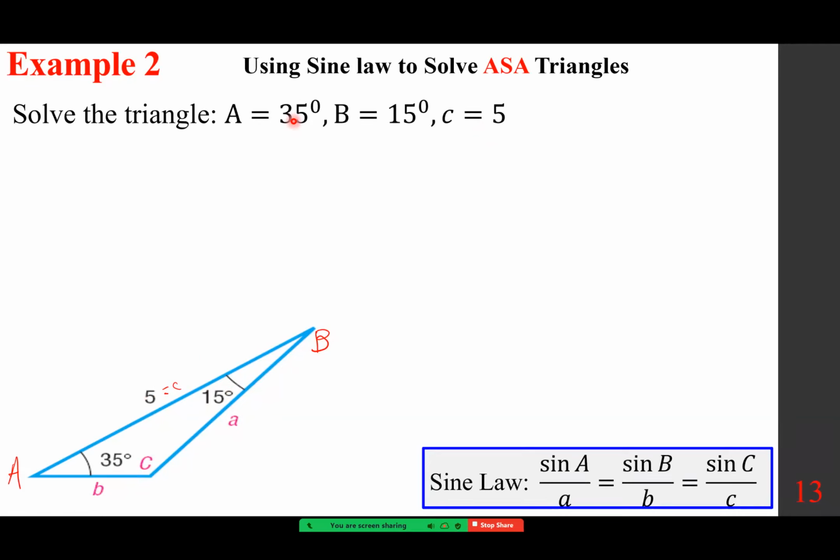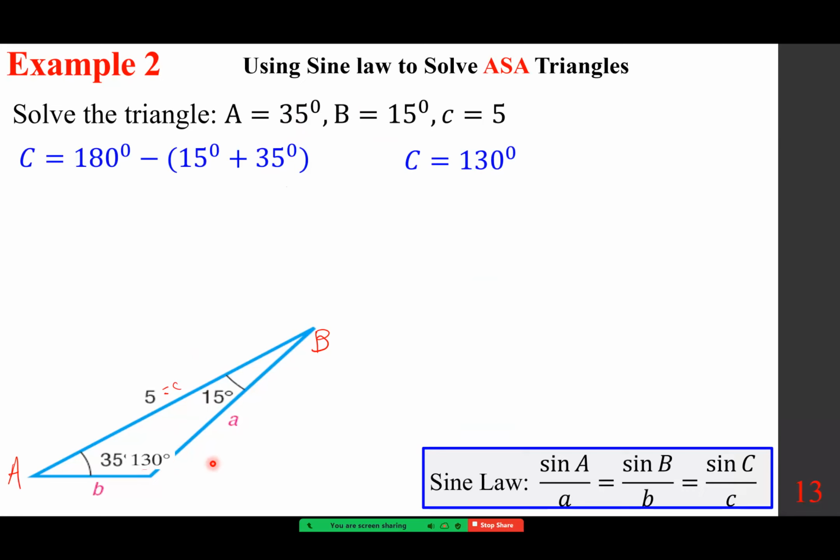First and foremost, two angles are given. Immediately we find the third one. So we add them up, subtract from 180. 15 and 35, 50, subtracted from 180, you get 130. So we have this angle.